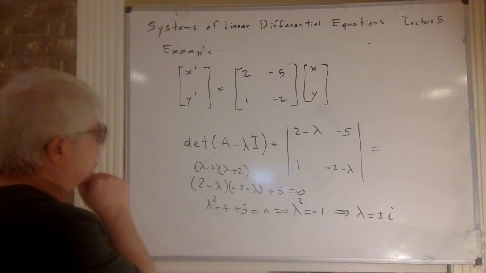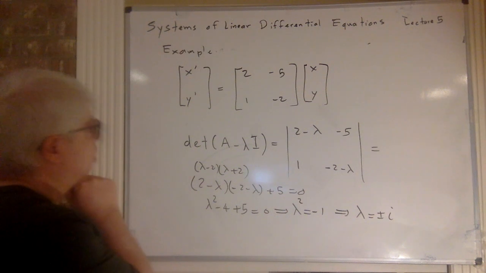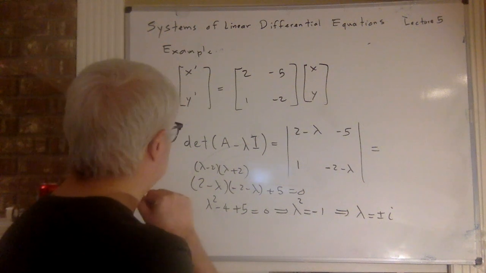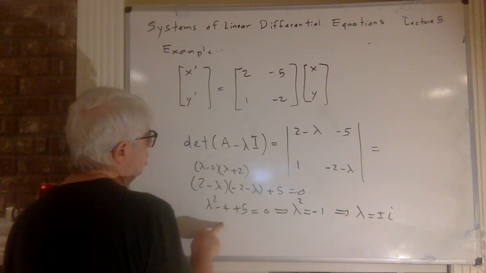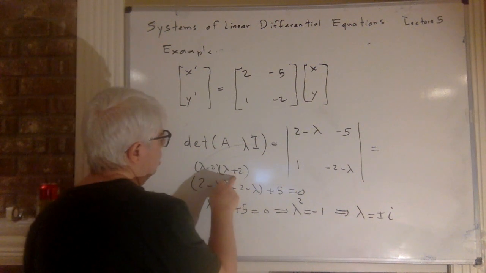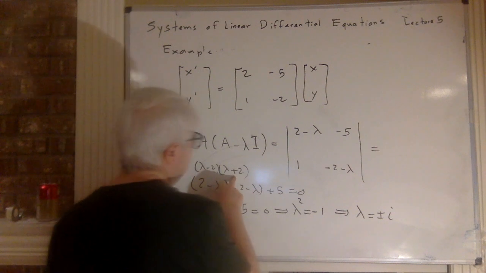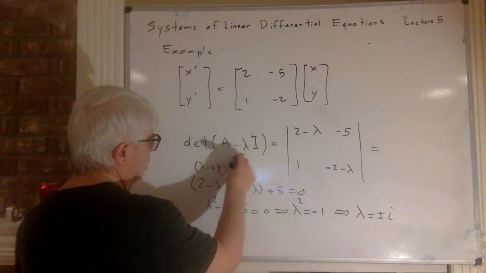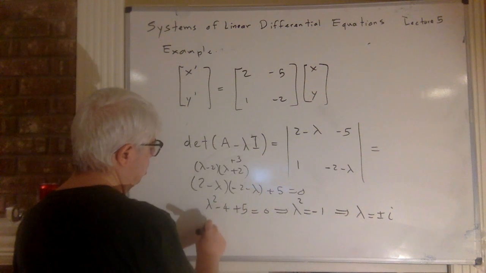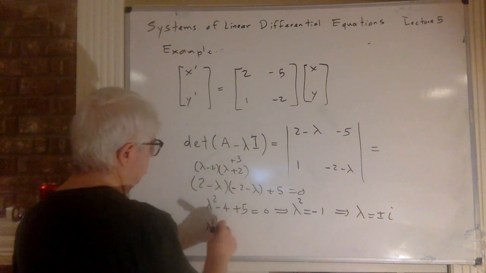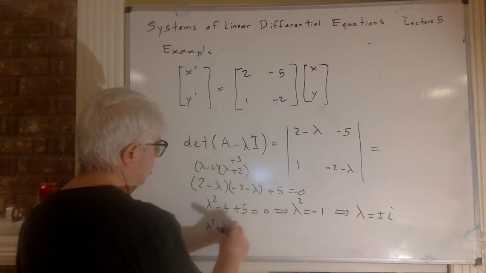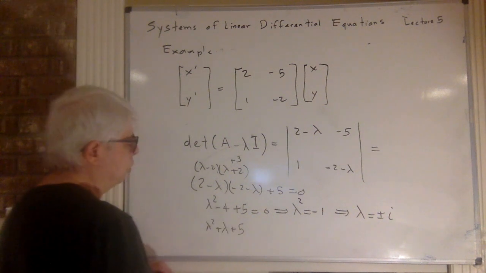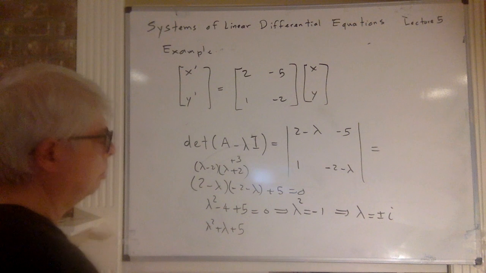Well, I don't like this one. Let me see what I can change here so I will get a nicer lambda. So if I change this to plus 3, then I have lambda squared plus lambda plus 5. I think that's much better.